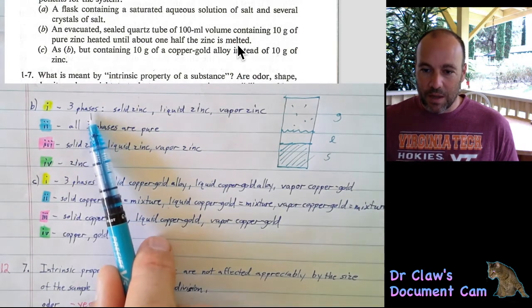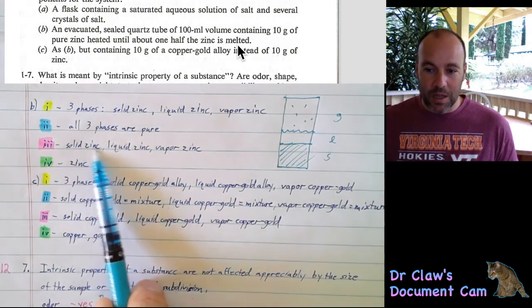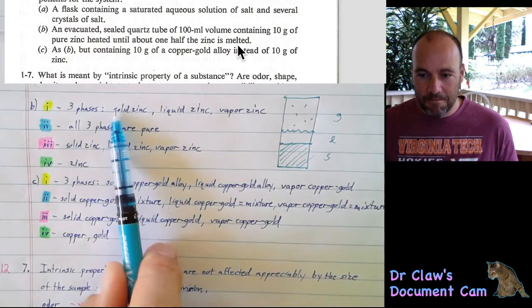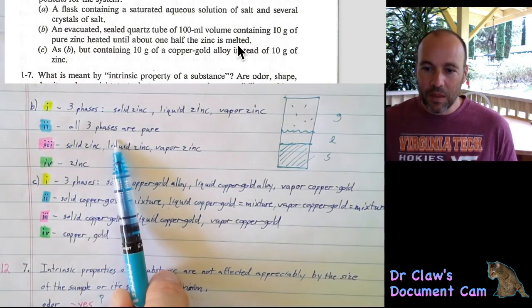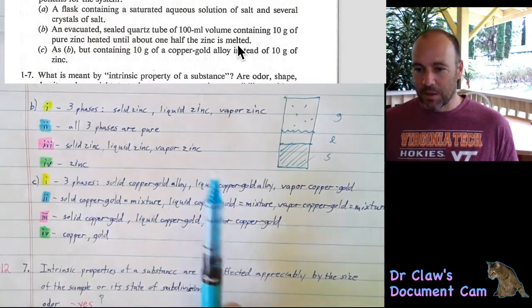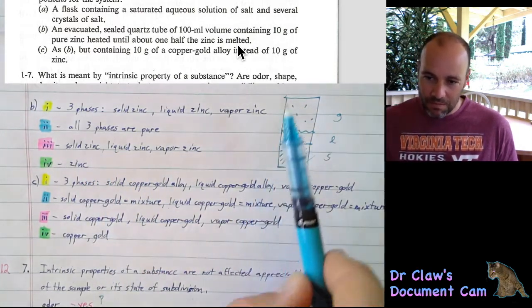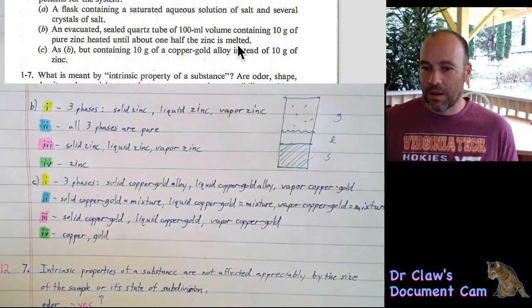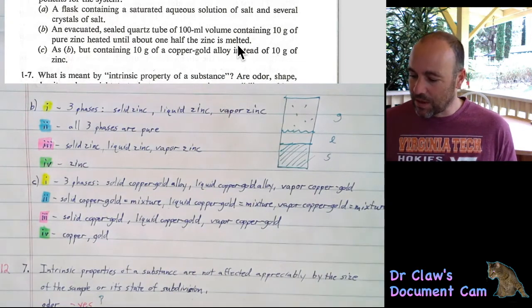Again, the 3 phases are the 3 constituents: the solid zinc, the liquid zinc, and the vapor zinc. So that matches one component, zinc. You put some zinc inside this tube, you could regenerate all 3 constituents, all 3 phases.